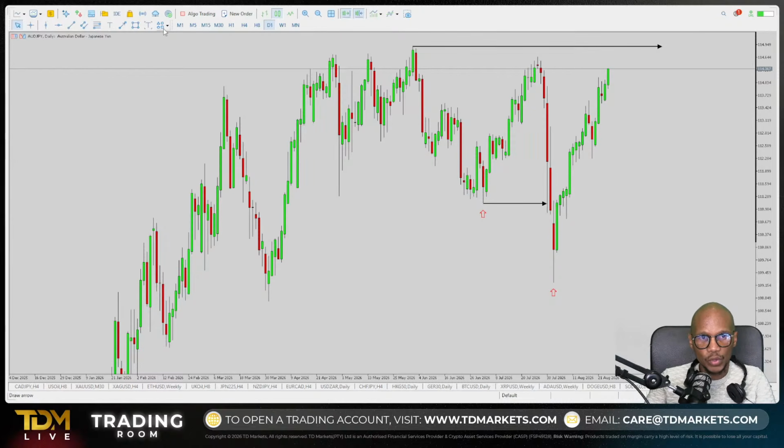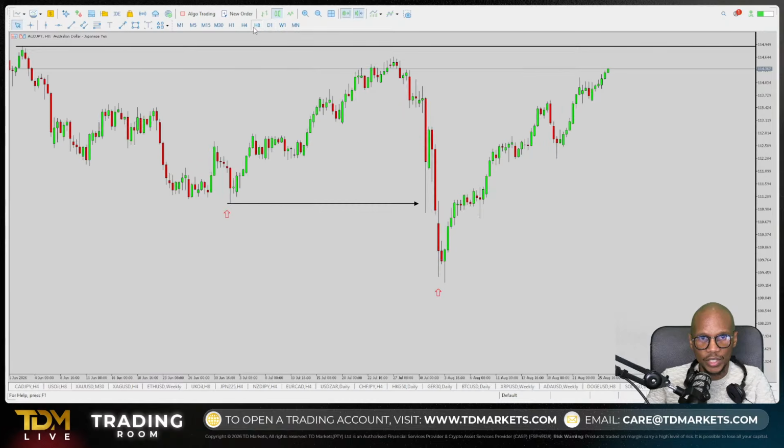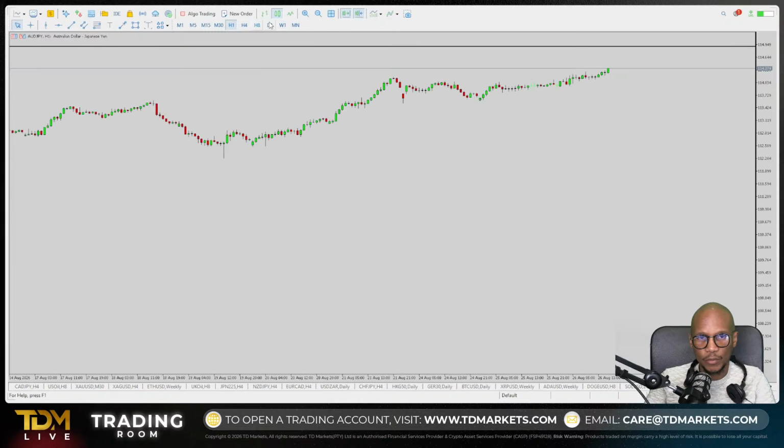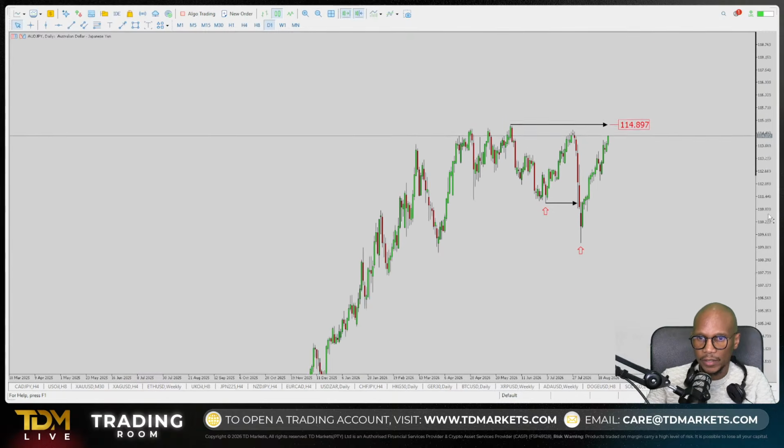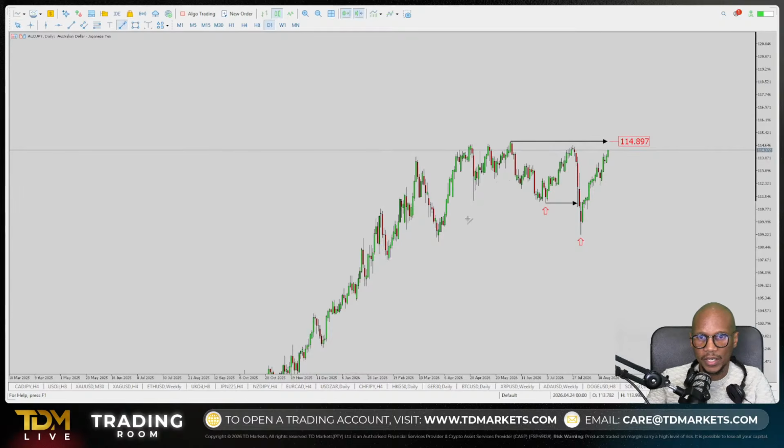So this, together with the other yen pairs, is bullish, and the target we would have would be around 114. Yeah, there's the target. So this whole thing here was a correction.